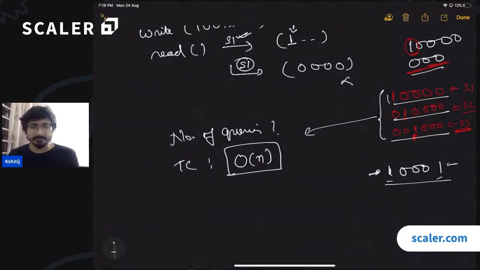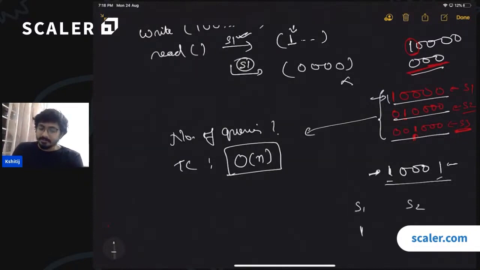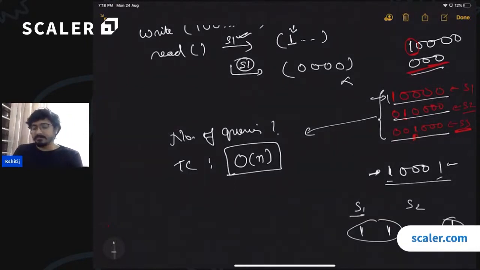This might also work. Every query can give you output about 2 servers. But let's say if there are only 2 servers, S1 and S2, and if you give this as the input and you are getting 1 in the result, how do you know whether S1 is faulty or S2 is faulty?